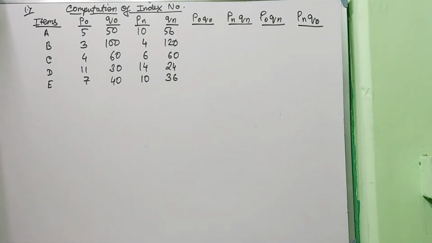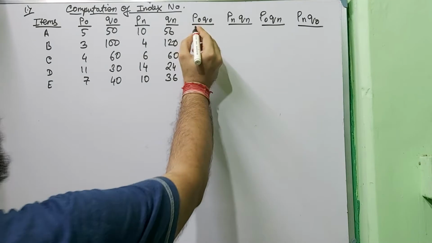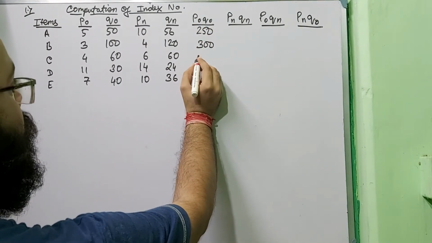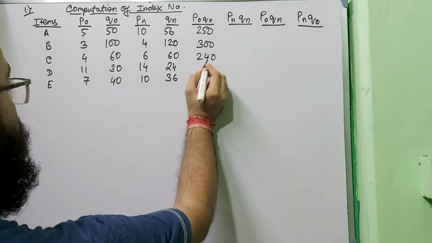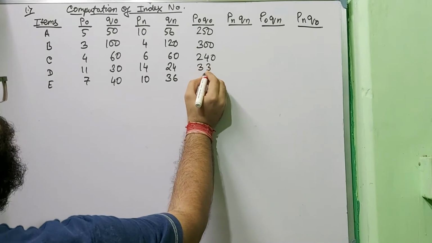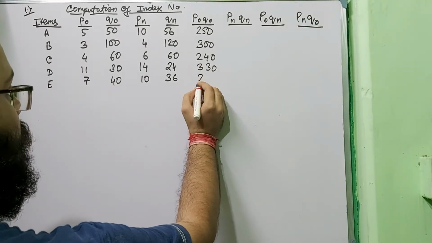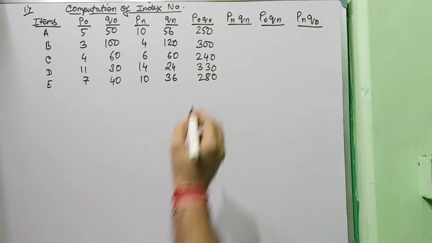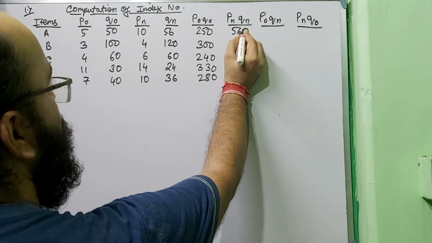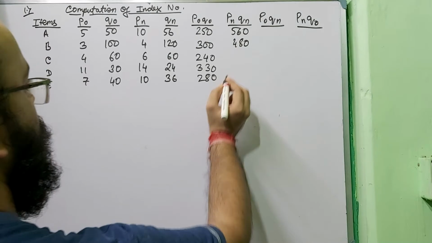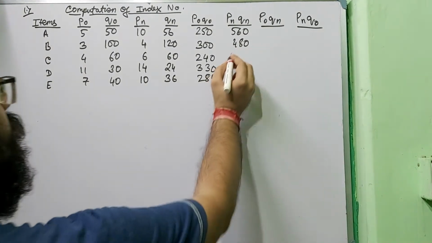P0, Q0 you have to multiply. 5 into 50 means 250, 3 into 100, 300, 4 into 60, 240, 11 into 30, 330, and 280, right? Next is Pn, Qn. Means 10 into 56, 560, 120 into 4, 480, 6 into 60, 360.